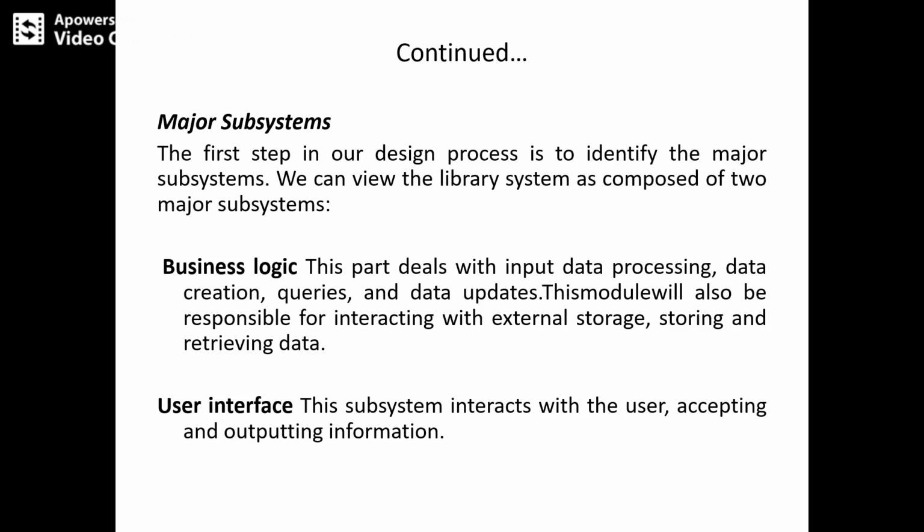The user interface, or UI, is a subsystem which interacts with the user, accepting and outputting information. Whatever we give as input, it gives the output information to the customer, client or any users.